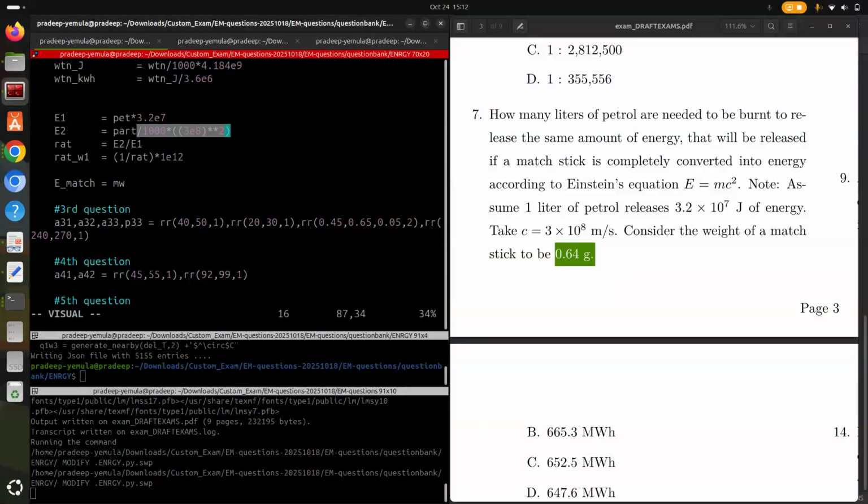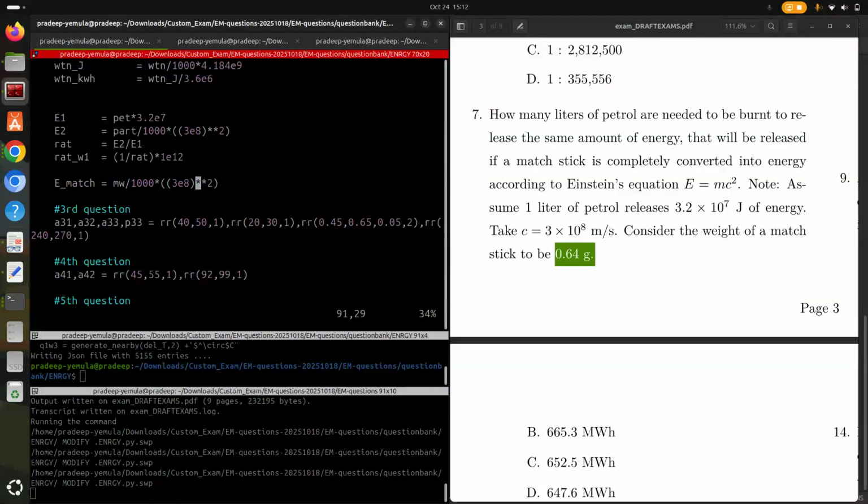This is mc squared: MW grams converted into kgs, times c squared, where c is 3 times 10 to the power of 8, squared. So E equals mc squared, and I got the energy from the matchstick.